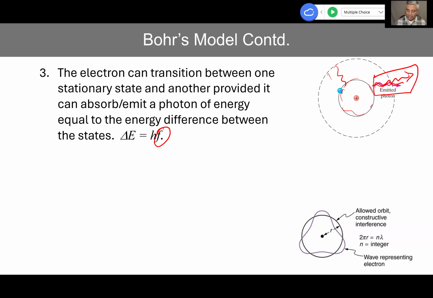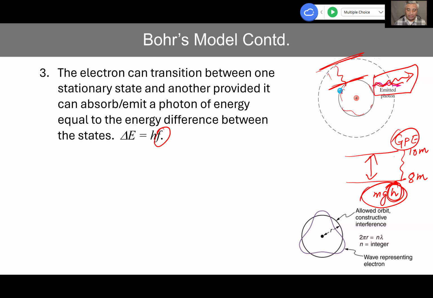It's like gravitational potential energy when you are at 10 meters versus 8 meters. The larger the gap, the larger the energy, because it's mg times the change in height. So a larger height means a larger gravitational potential energy change.